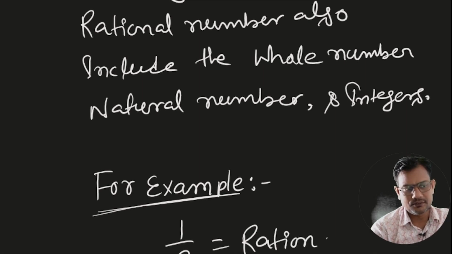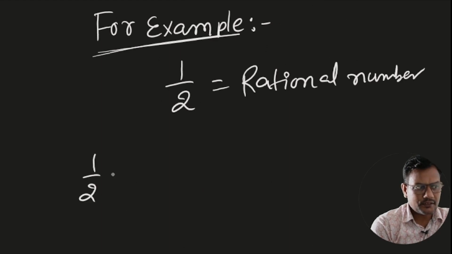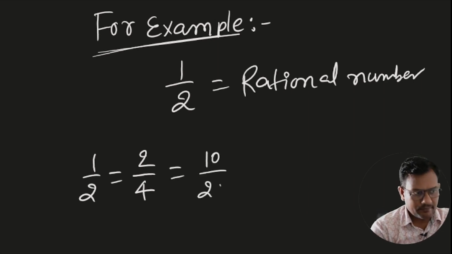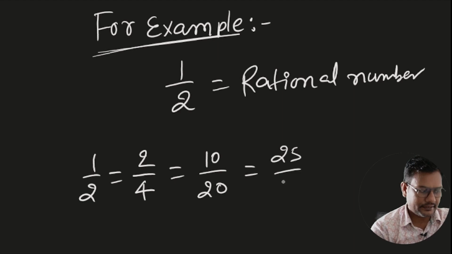If 1 by 2 is a rational number, then 2 by 4 is also a rational number, and we can write 2 by 4 in place of 1 by 2. 10 by 20 we can also write, 25 by 50, 47 by 94.